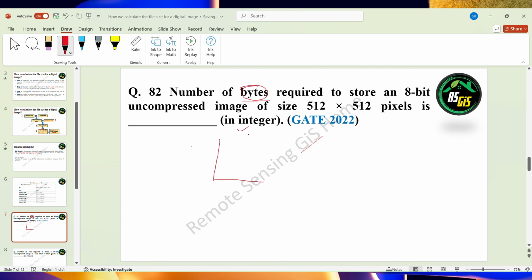So how do we calculate? Our first step is to multiply the vertical and horizontal pixels, so 512 into 512. If we multiply 512 by 512, what do we get?